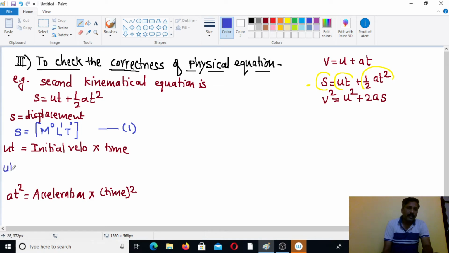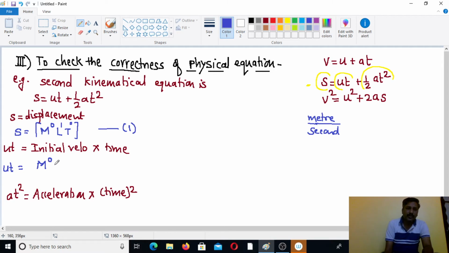Then calculate the dimensions of UT. Initial velocity, its SI unit is meter per second. So when I calculate the dimensions, meter is in the numerator part. There is no term or unit regarding the kg or kilogram.